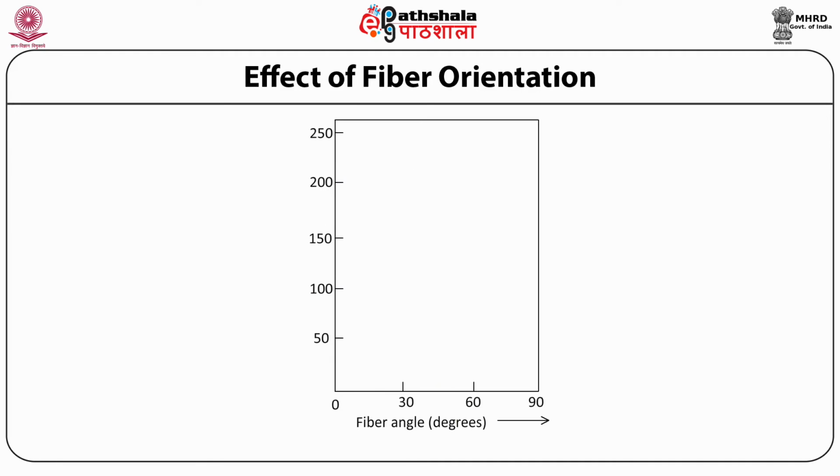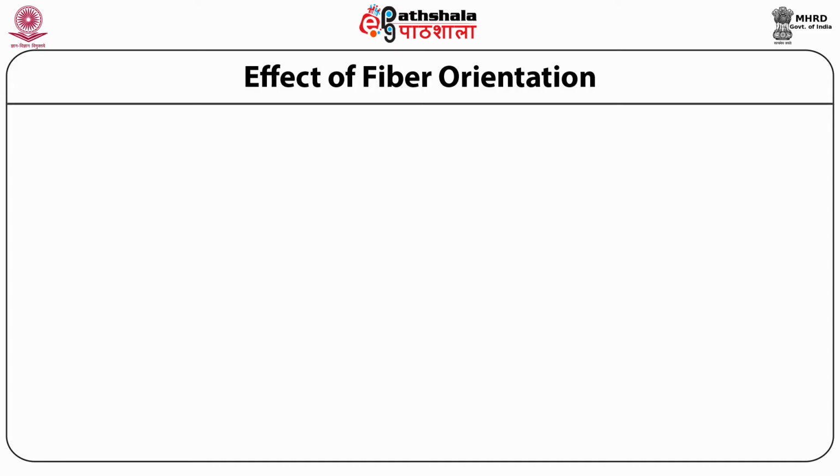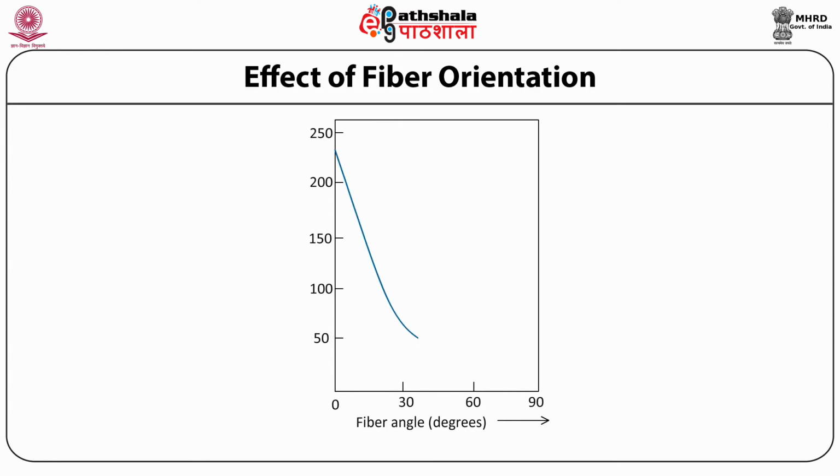Effect of fiber orientation. Now the above point brings us to an interesting stage, that the orientation of the applied stress with respect to the fibers, assuming they are unidirectionally oriented, has a great influence on the overall elastic modulus of the composite.